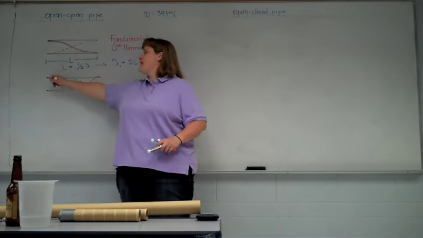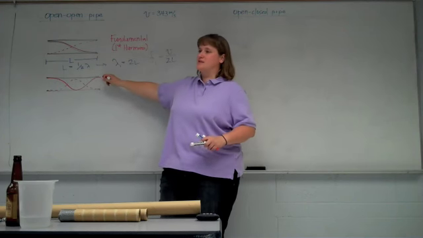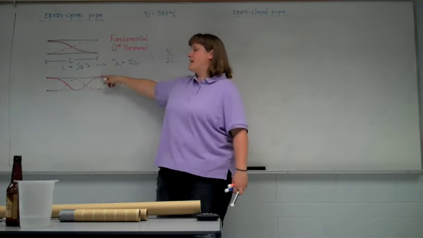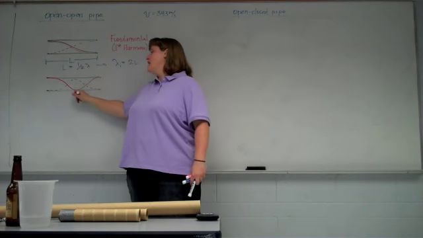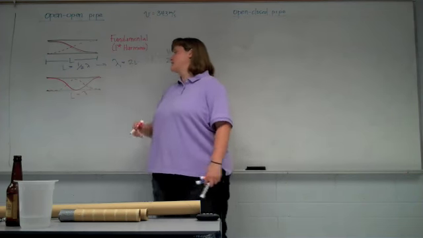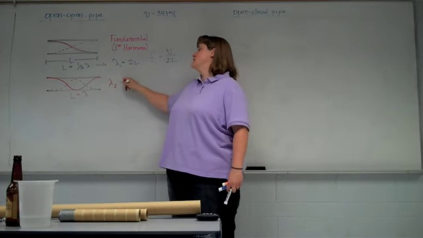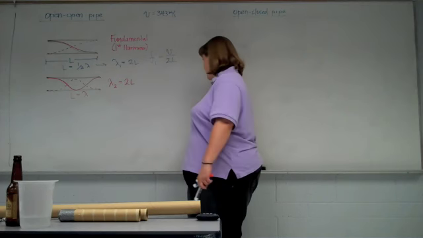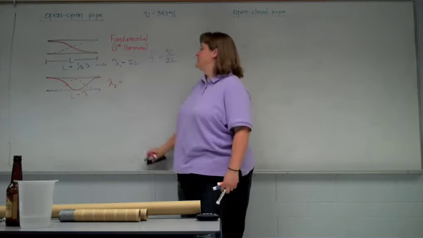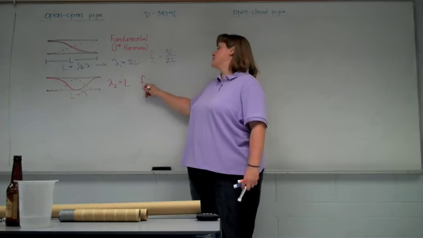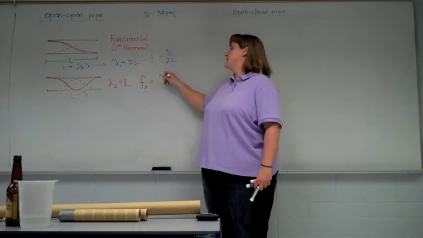If we trace the wave here, how many wavelengths do we see along the length of the pipe? That's one full. We're going from a peak back to a peak. So L is equal to lambda in this case. So lambda 2 is not 2L. Sorry. It is L. So frequency 2 is V over L.